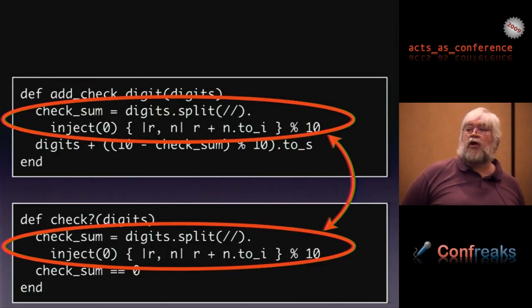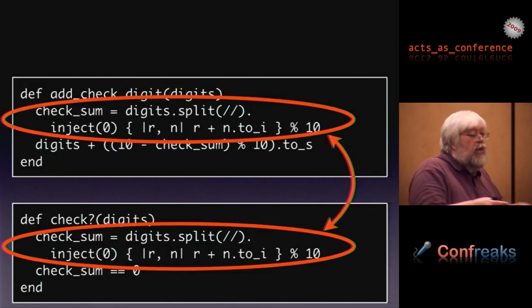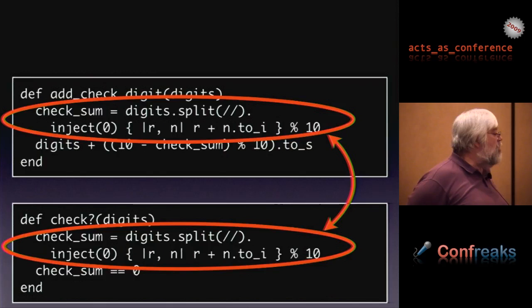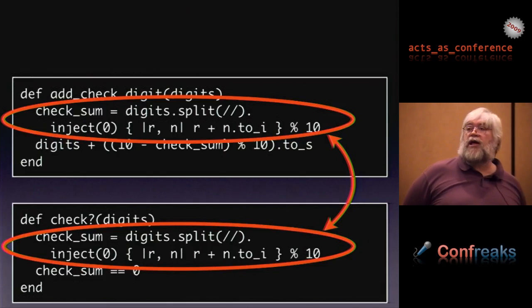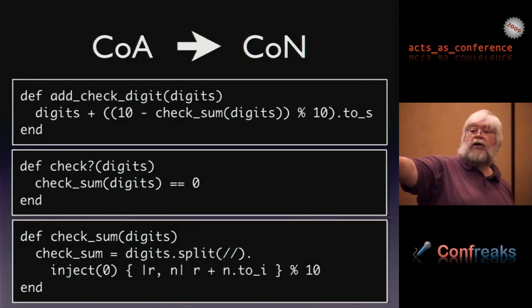There's kinesis of algorithm. So what do you do when you have a high level of kinesis and you want to reduce it to a lesser, weaker form of kinesis? Introduce kinesis of name. Let's name that algorithm checksum. We write it here in its own method, and then we use it in both places.